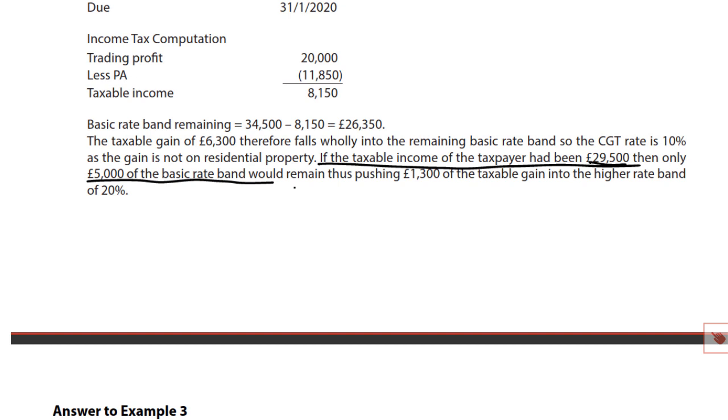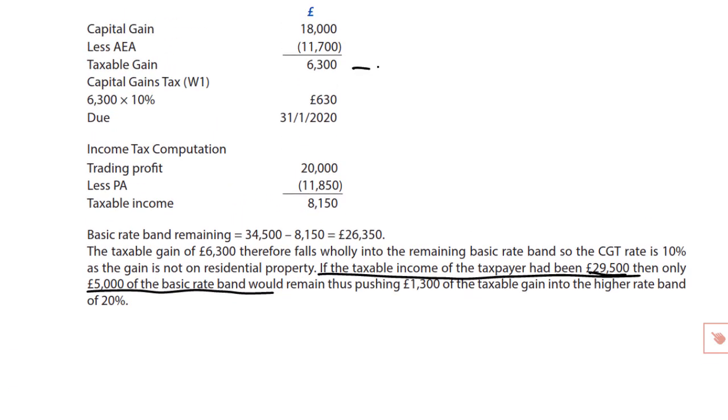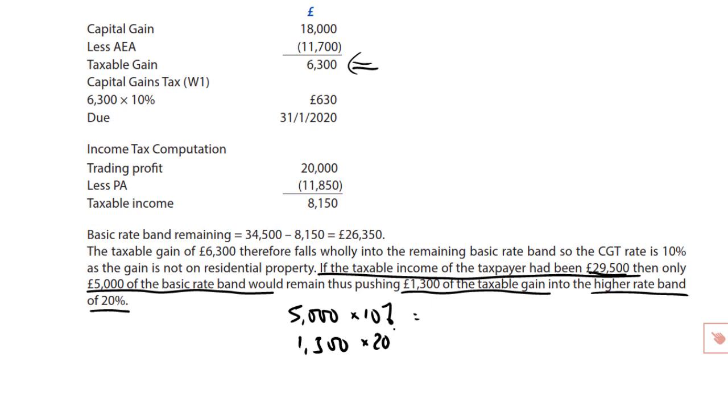Now, as we've got taxable gains here of £6,300, that would push 1,300 of those taxable gains up into the higher rate band, and that would be at 20%. So then your CGT liability would have read 5,000 at 10%, and the remaining 1,300 would be at 20% to compute that CGT liability.